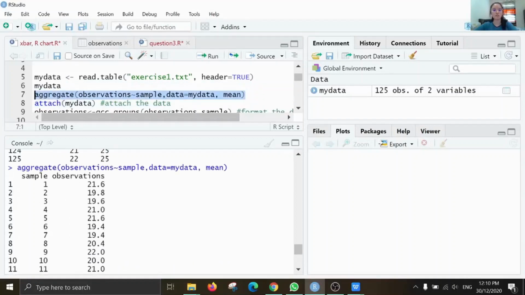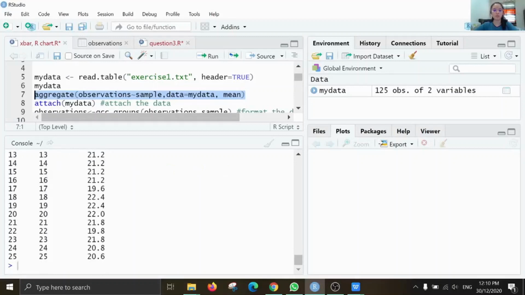So you can see now for the observations, sample 1 is 21.6 and sample 2 is 19.8, which means the average value of the ohms for each sample. There are a total of 25 samples together. And now I would like to attach the data. So I use the function attach, and this will mask over the data that I assigned initially.